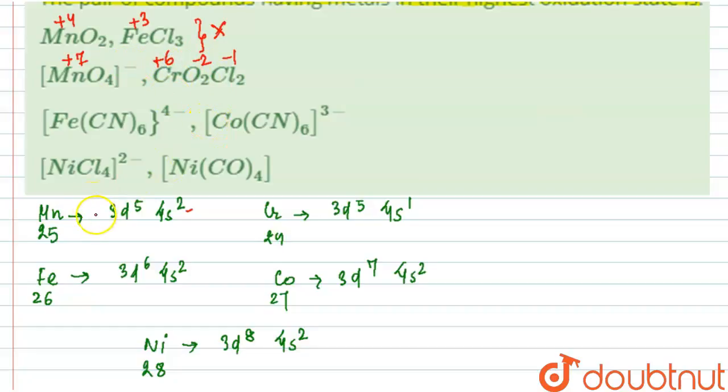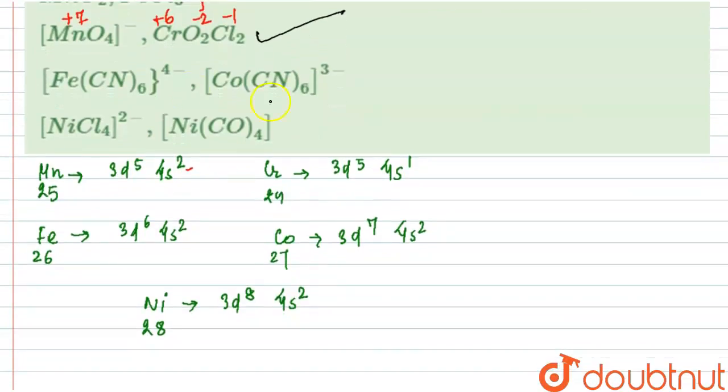If we have a closer look at both of these metals or cations, manganese has taken its highest oxidation state by losing all of its electrons from the d and s subshells. Similarly for chromium, a total of 6 electrons it has in its d and s subshells, which it has already lost. So manganese and chromium both have the highest oxidation state here. So this is the correct option for us.